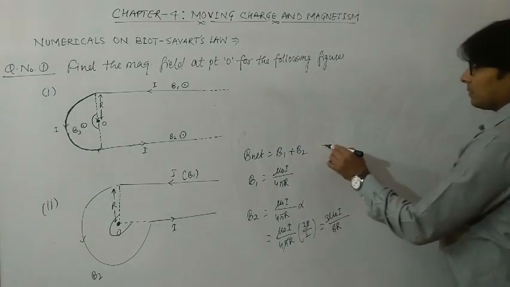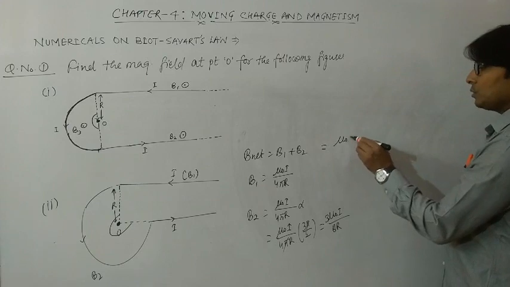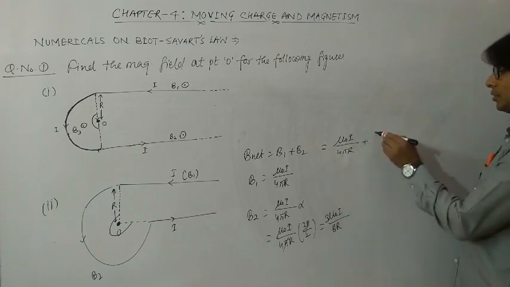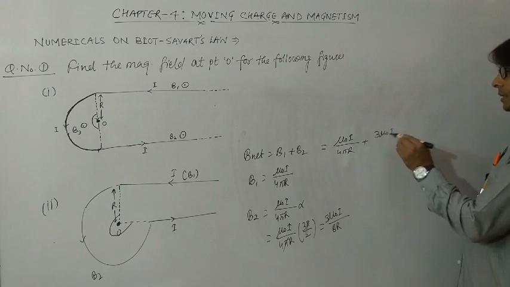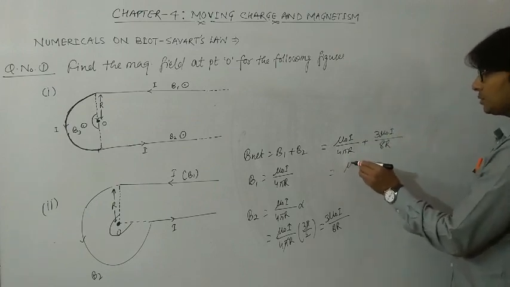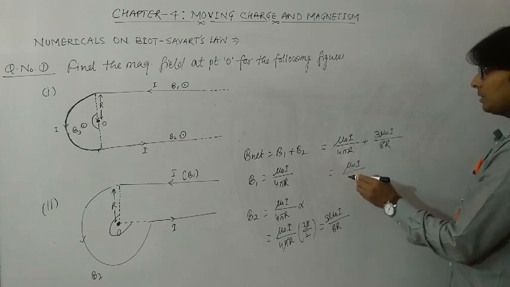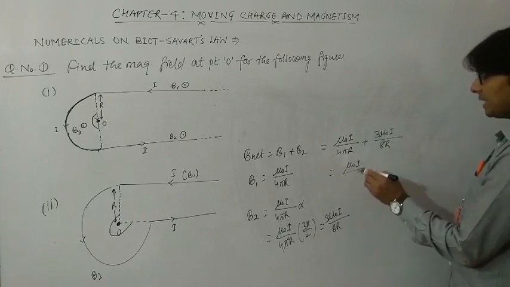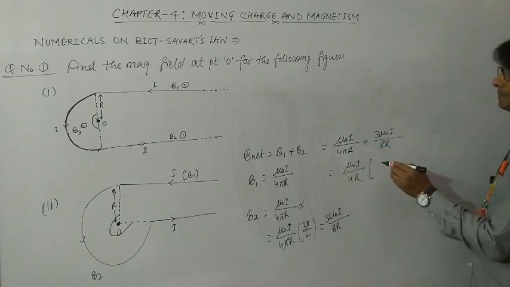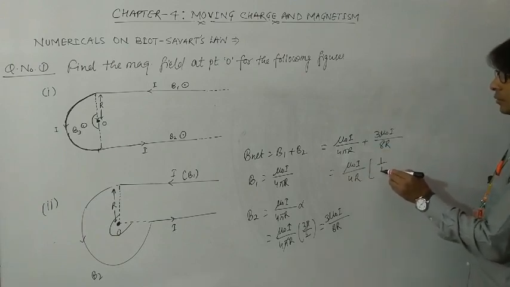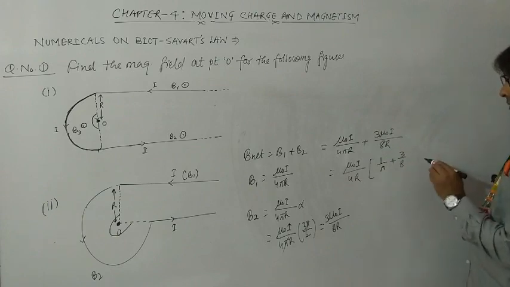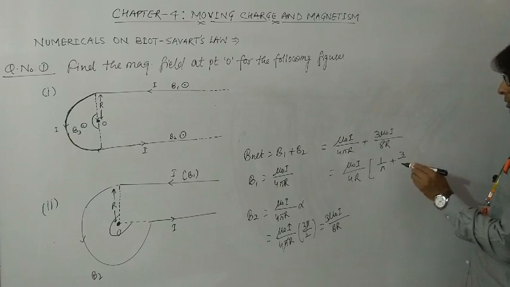So the net magnetic field will be mu 0 I upon 4 pi r plus 3 mu 0 I upon 8 r. And now we can take mu 0 I upon 4 r as common. So it becomes 1 upon pi plus 3 by 2.